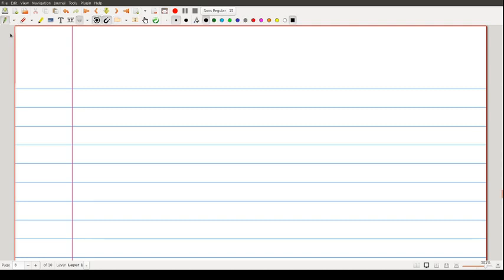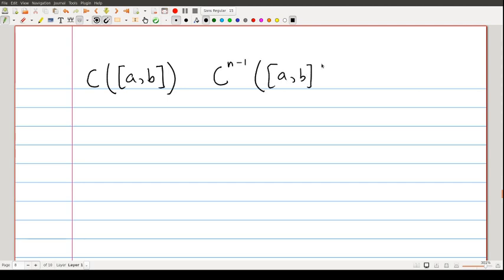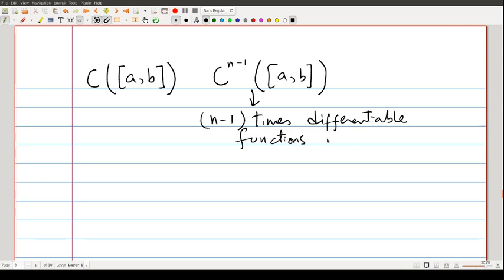Finally, we're looking at the vector space C[a, b], and actually we'll be looking at vectors in C^(n-1)[a, b]. The vectors in this space are n minus 1 times differentiable functions defined on the interval [a, b].